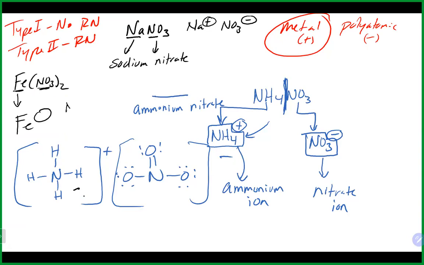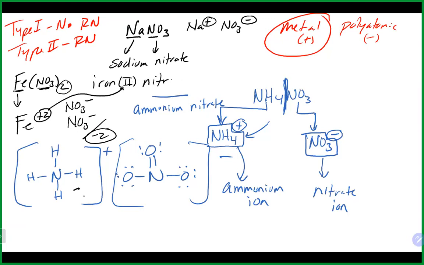We know that we have NO3- and we have 2 of them here, which gives us a -2 overall charge, which means to balance it out to 0, because it really is an ionic compound, we would need a +2 charge on the iron, just like we figured out when we did type 2. The name here would be iron Roman numeral 2, once again for the charge. Even though there are 2 of those nitrates, it will not have an effect on the name, so it will still be called nitrate at the end. Any questions on that one?